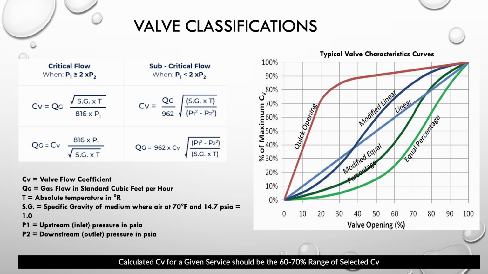So critical flow pretty much means that the downstream pressure is way below something called the critical pressure. What does the critical pressure mean? Critical pressure is the pressure at which the gas has reached the sonic speed.